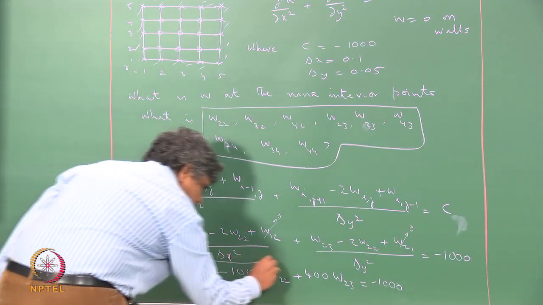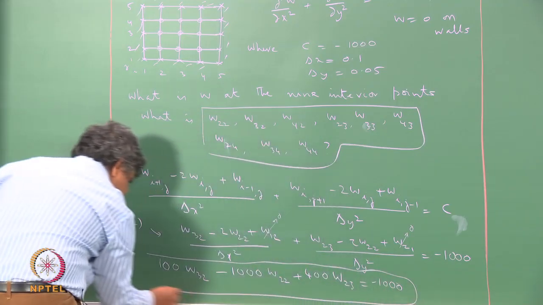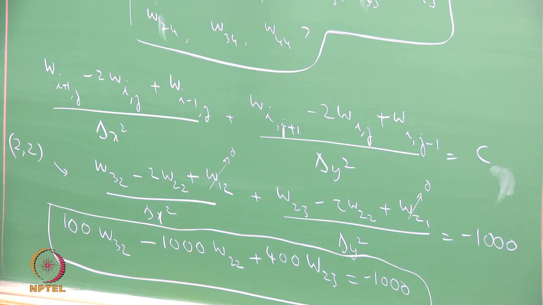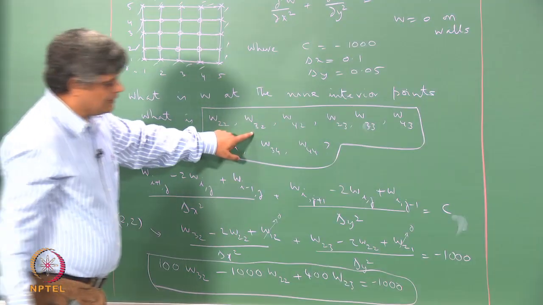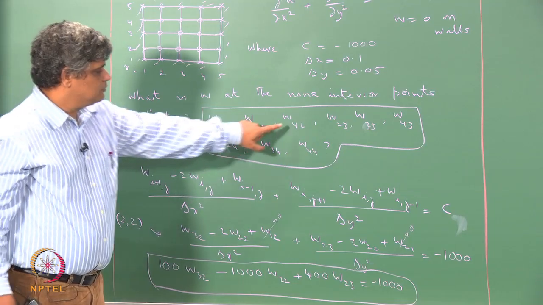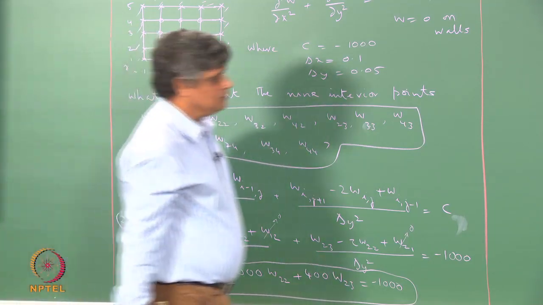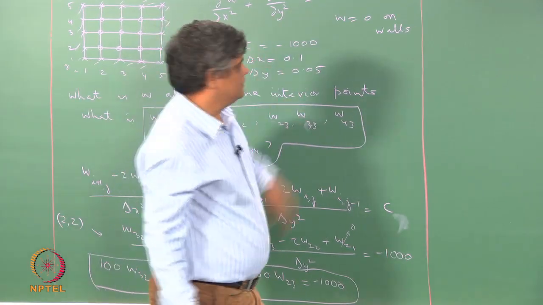So this is the equation we have for 22. Let us go on and write down the same thing for 32, 42 and all these others. I would like you to do it on your own, but we will also do it here.